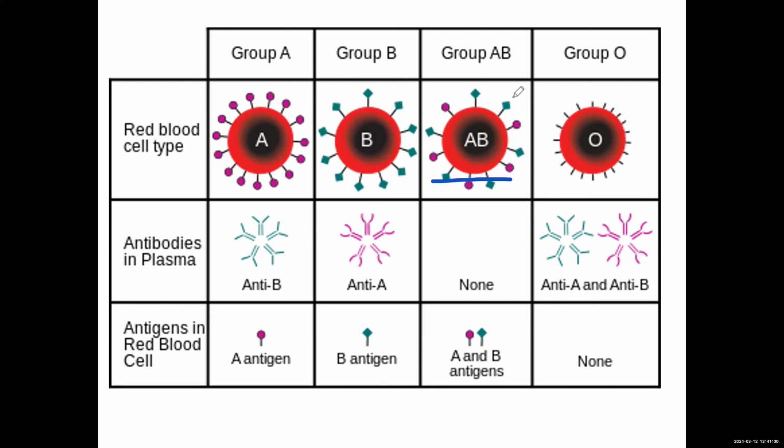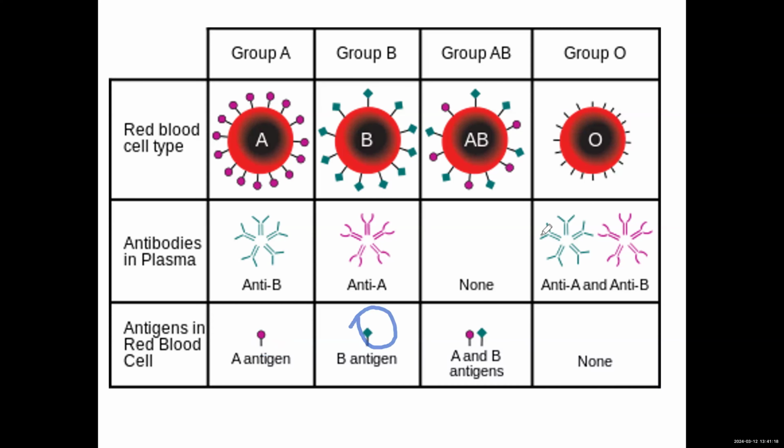Now, if you are AB, then you don't make any antibodies because your immune system considers A antigen and B antigen your own antigens, so they belong to you, so there is no need to fight them.